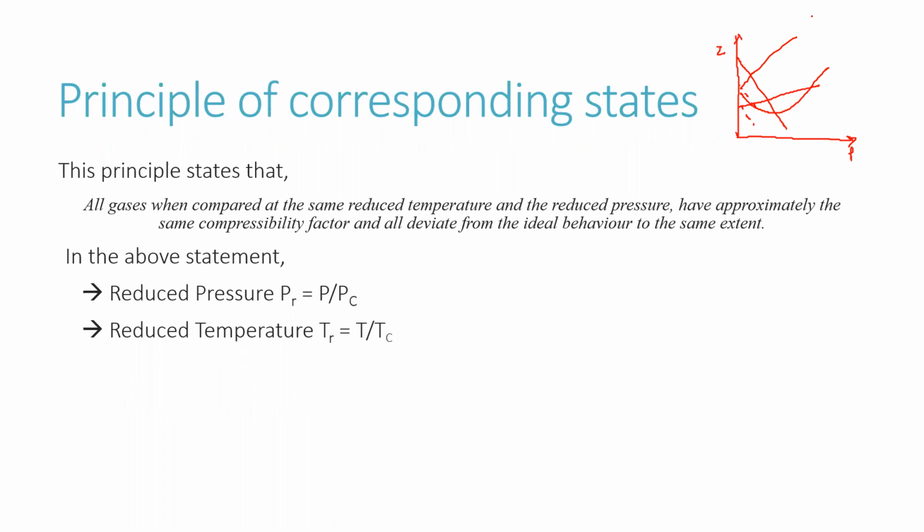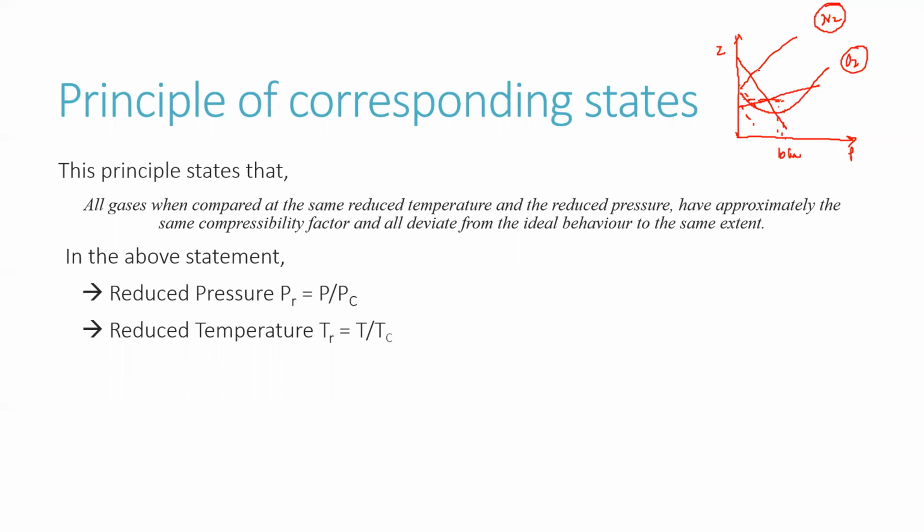Suppose we want to deal with nitrogen, I'll have to search for the compressibility chart for nitrogen. Then I'll take the pressure, suppose at 10 bar, find the compressibility factor for nitrogen, and then do my calculations. Similarly, if I have to go with oxygen, then again I'll have to search for the compressibility chart for oxygen and use it again.